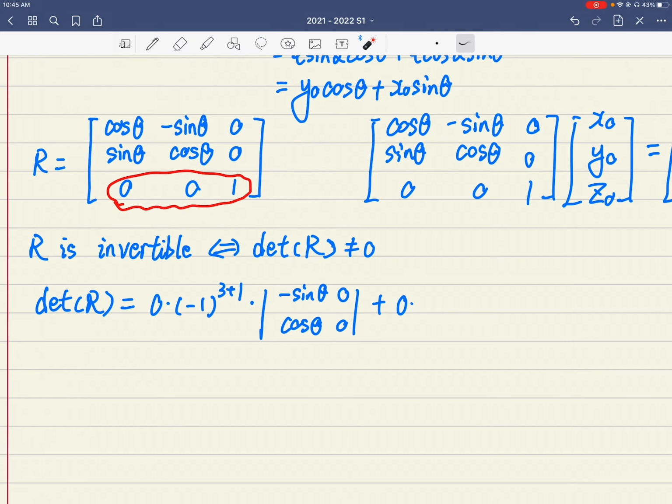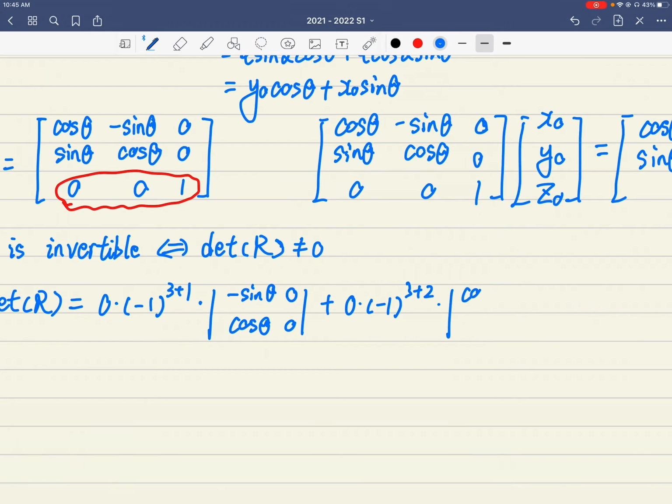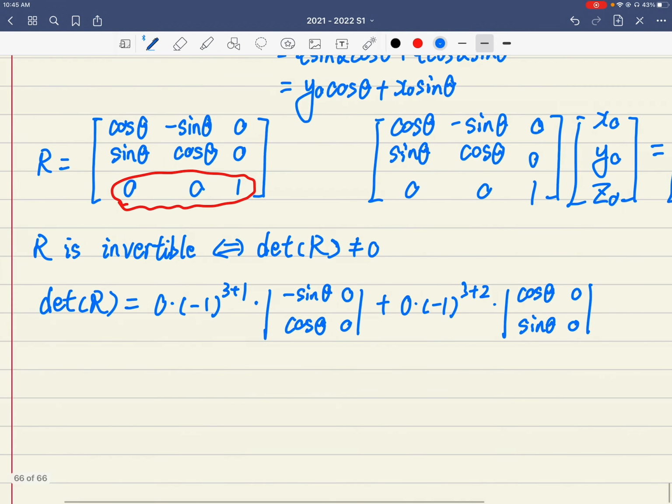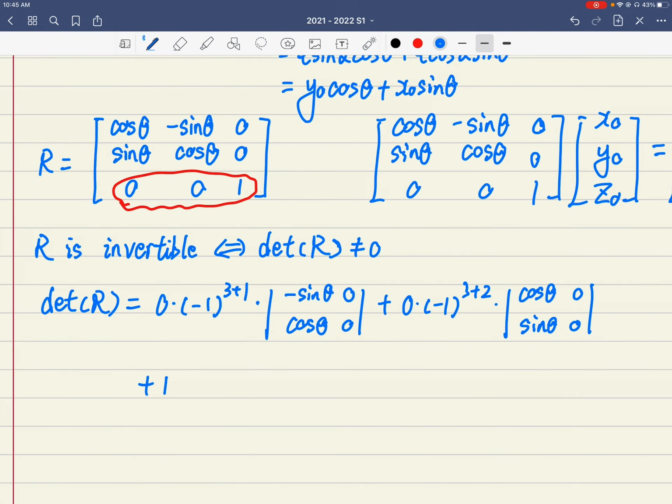And plus 0 times the determinant of this matrix. It's -1 to the power of 3 plus 2 times the determinant of this matrix. And plus 1 times -1 to the power of 3 plus 3 times the determinant of this matrix.